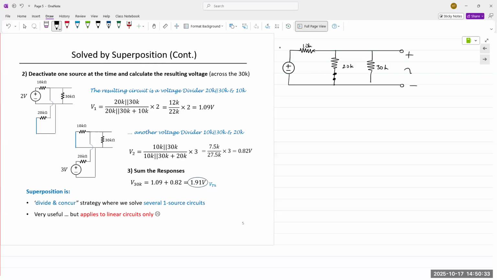And this is my voltage, VOC1. VOC1, okay?